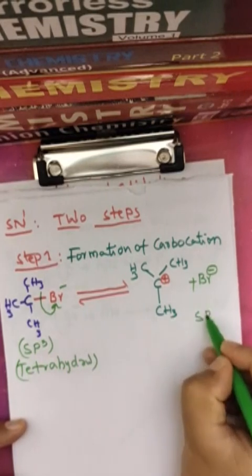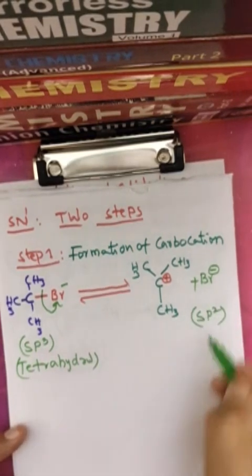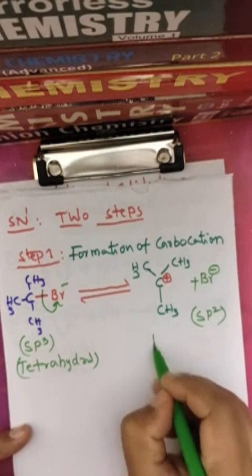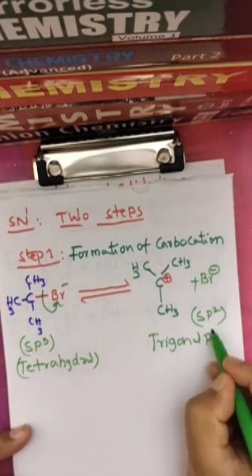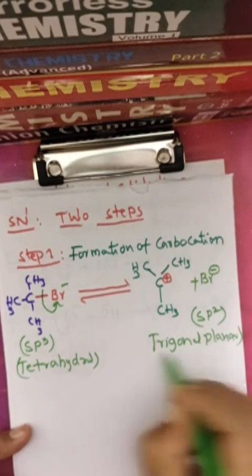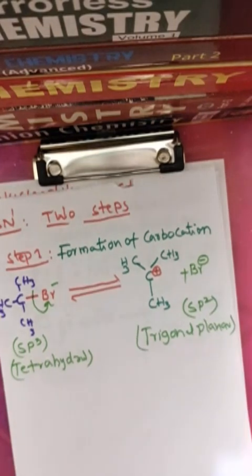It is sp2 hybridization, and we call this trigonal planar. Clear? Tertiary butyl bromide, sp3 hybridization with a tetrahedral structure, gives rise to the tertiary carbocation, trigonal planar with sp2 hybridization.